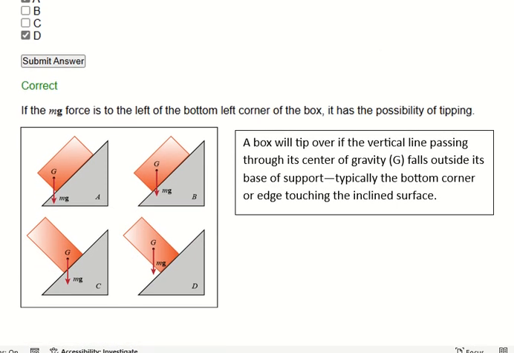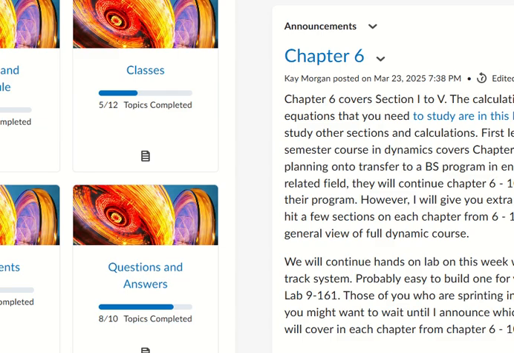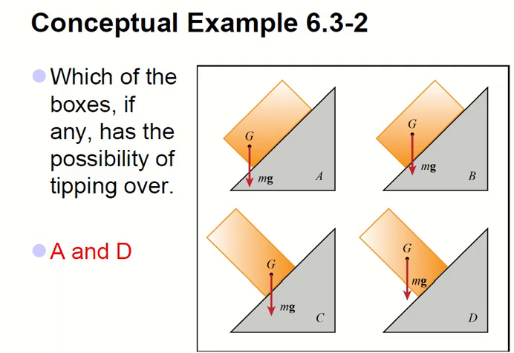I explained here that a box will tip over if the vertical line passing through its center of gravity, this point MG, falls outside the base of support, typically the bottom corner or edge touching the inclined surface in this example. Then we will go back to the slide.